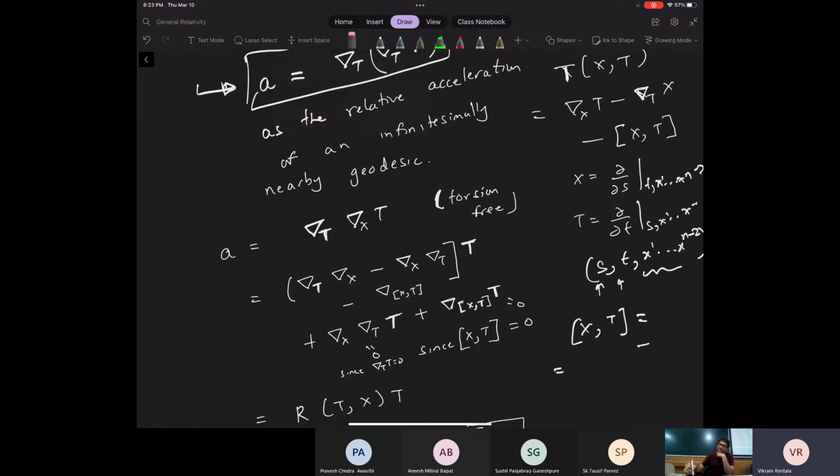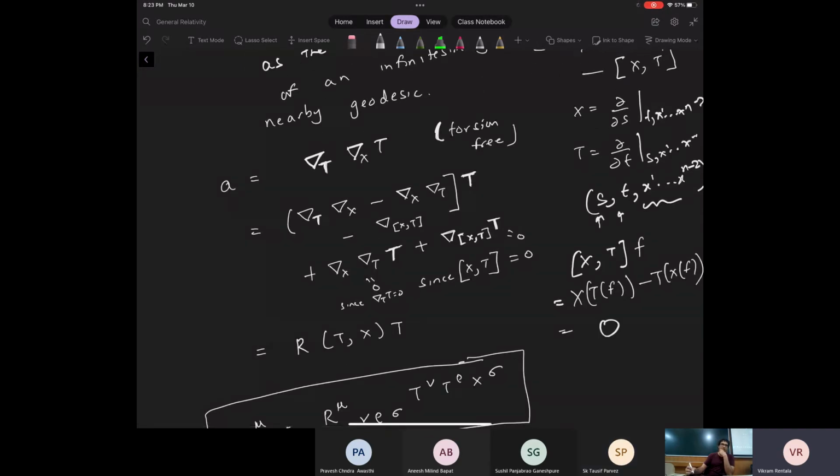Not exactly, it's [x,t] = xt minus tx, where x acts on t and then x acts on anything else to the right of it. So you could act this on a function, for example. So [x,t] acting on f was x acting on t acting on f minus t acting on x acting on f. What is this going to be? Zero. Good. Why? The partial derivatives will commute. Del s and del t will commute.